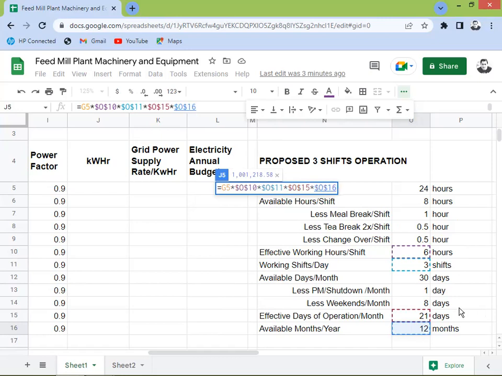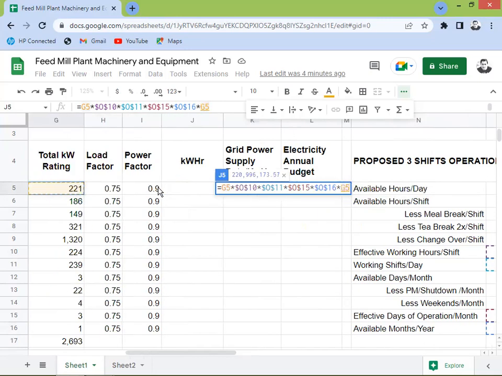Then next, we're going to multiply it by, as I've said earlier, the load factor. No need to put F4 because we're going to copy it down, and this would still be a relative reference.